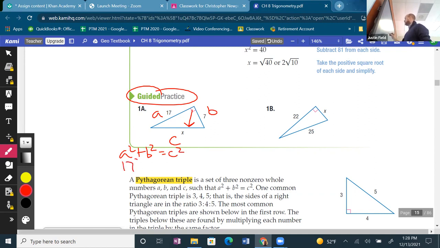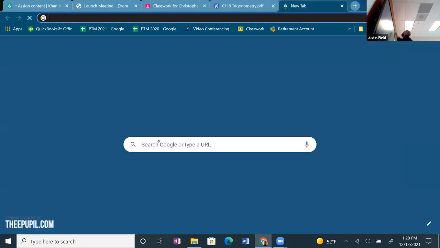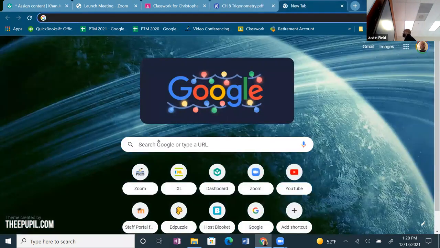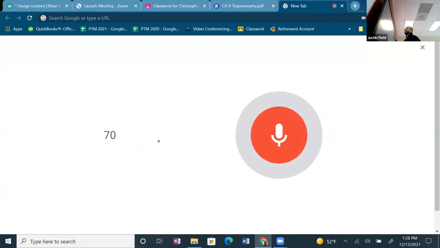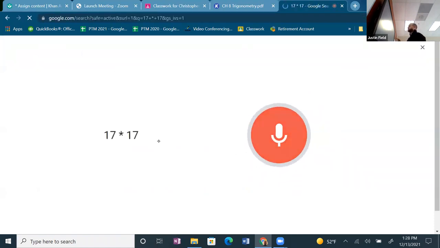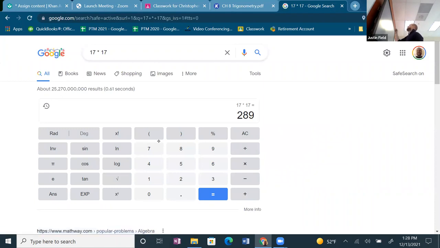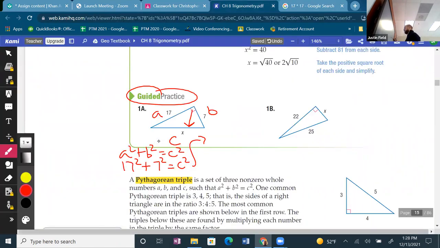Substitute in: 17 squared plus 7 squared equals C squared. And then we just square 17 and square 7. What is 17 times 17? 289. So that's 289 plus 49 equals C squared.